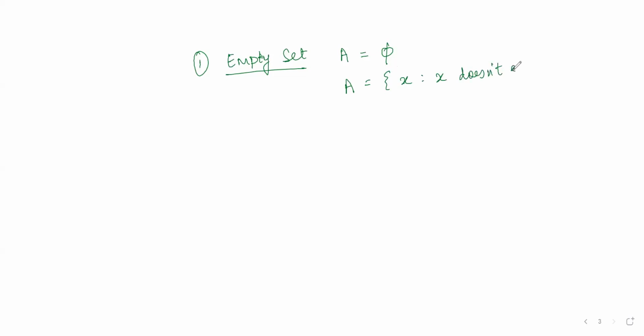You can write it in this way, or you can put it as an example: how can x be less than 4 and greater than 8 at the same time? Not possible. So it's an empty set.